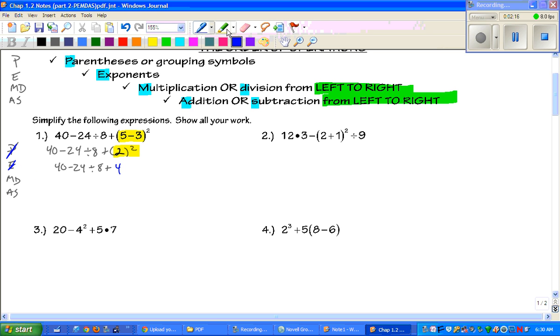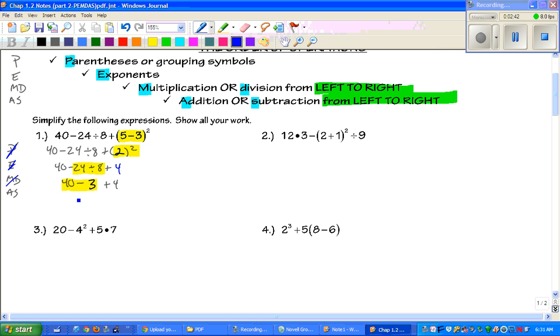All right, let's move on to multiplication and division. We have division right in the middle. My 40 and the 4 stay the same. And then 24 divided by 8 is 3. Now, addition or subtraction. What do we see first?